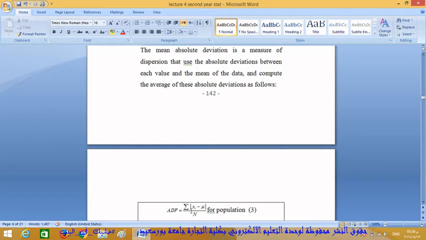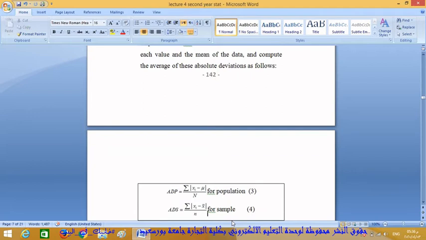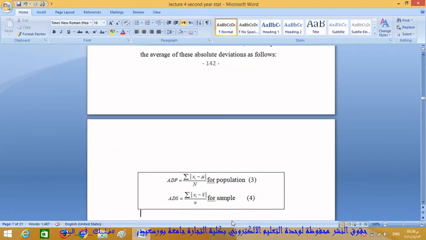So this is the difference between each observation and the average of the population, computed by the absolute value. So we omit the sign, whether plus or minus.